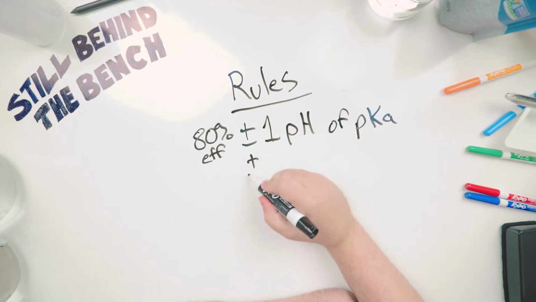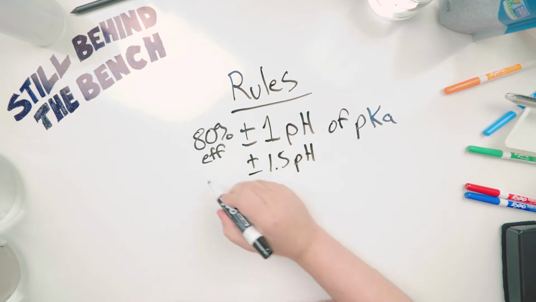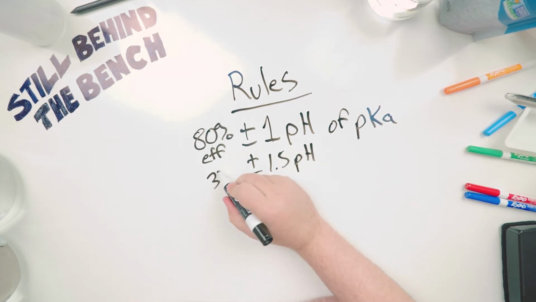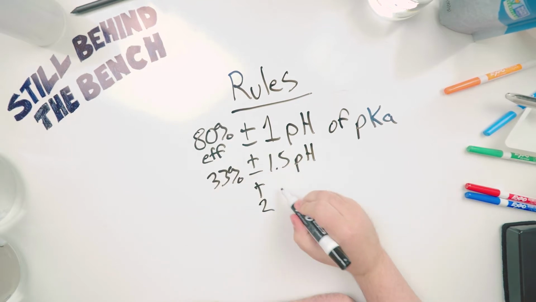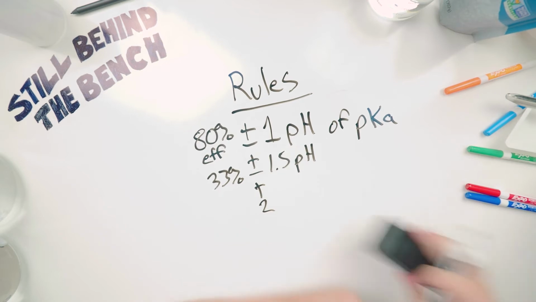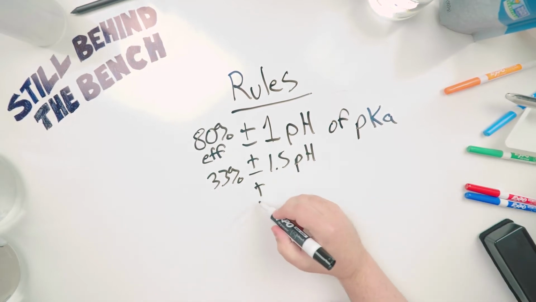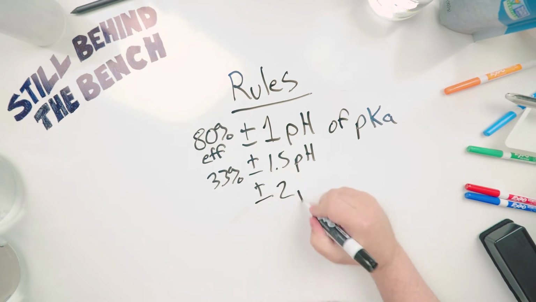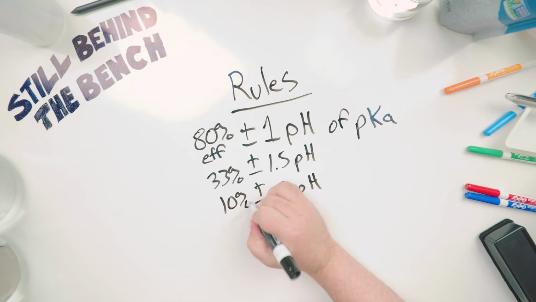At 1.5 pH points, it's only about 33% effective. And then at 2 pH points, it's only about 10% effective.